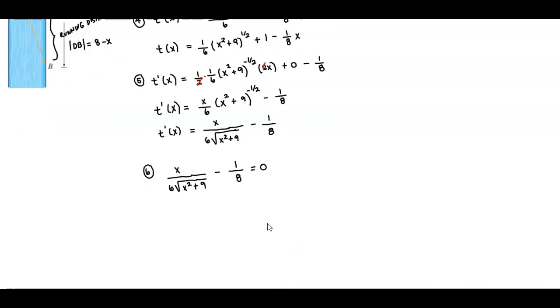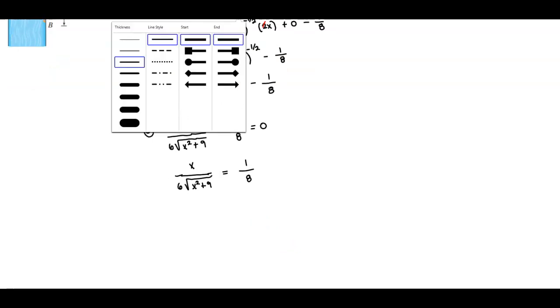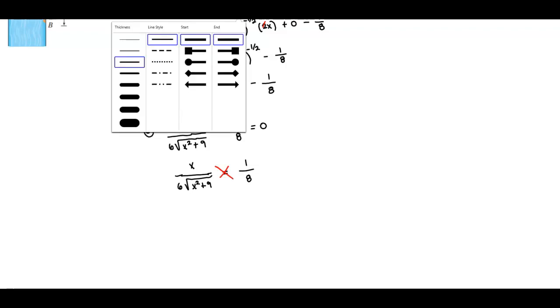Now let's add 1/8 to both sides. So we have x over 6 times the square root of x squared plus 9, and that's equal to positive 1 over 8. We can either multiply both sides by the LCD or we can use the cross product. So we're going to use the cross product.